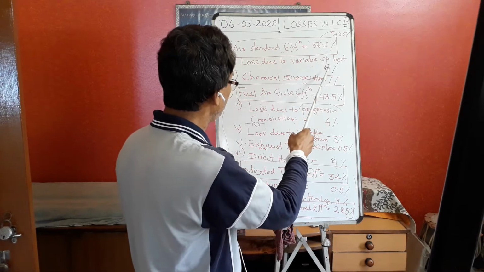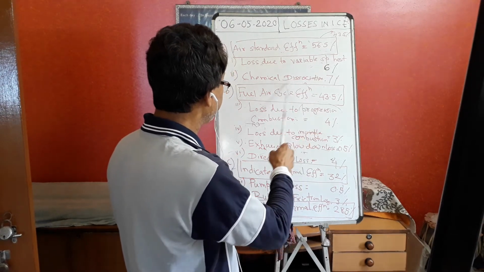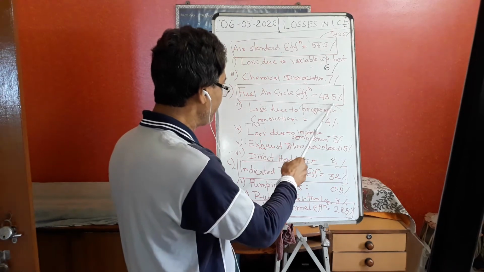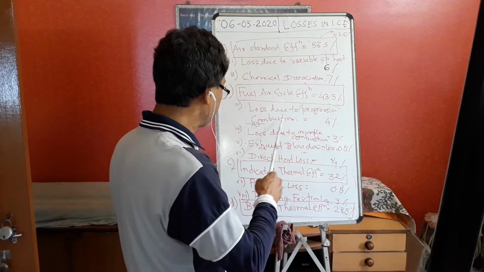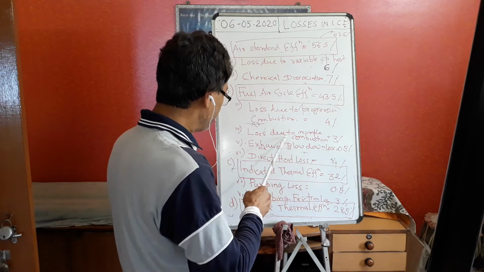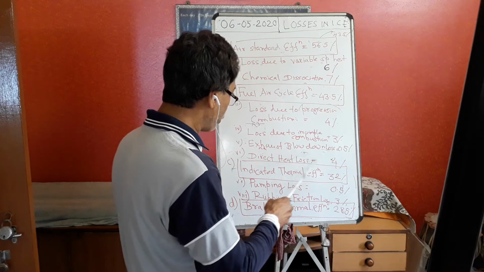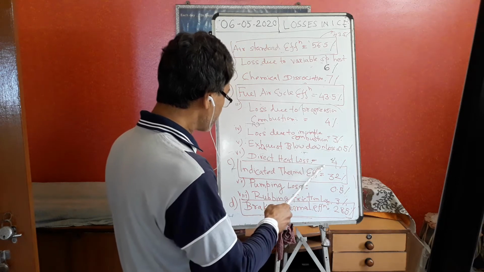I deducted two things, variable specific heat and chemical dissociation, then we get the fuel air cycle efficiency. From here I deduct loss due to progressive combustion, loss due to incomplete combustion, exhaust blowdown, and direct heat loss.